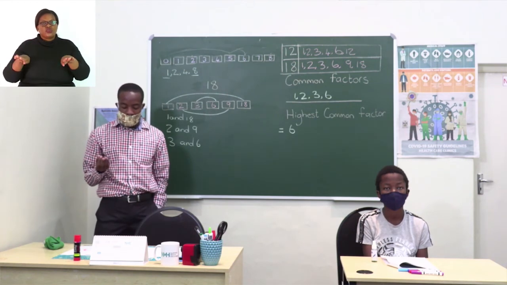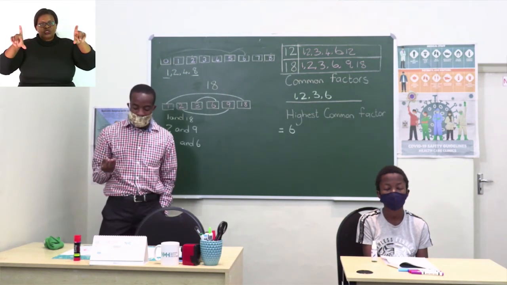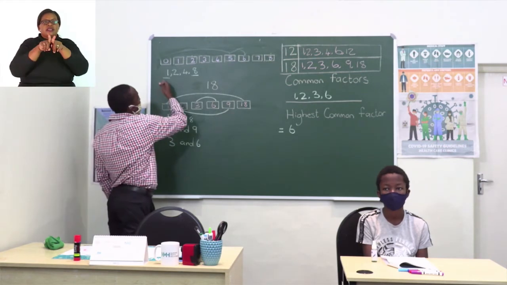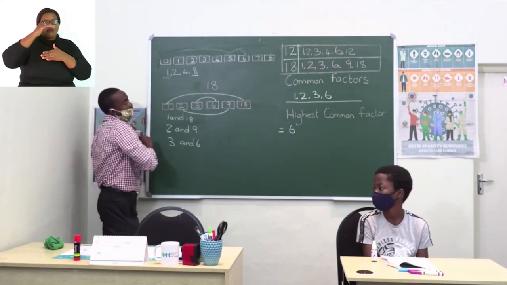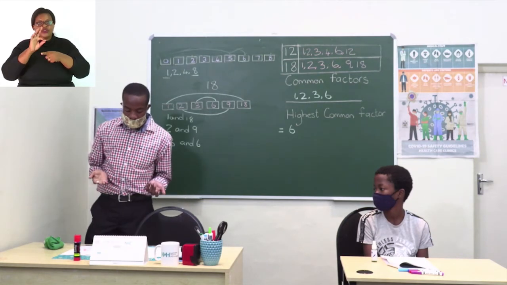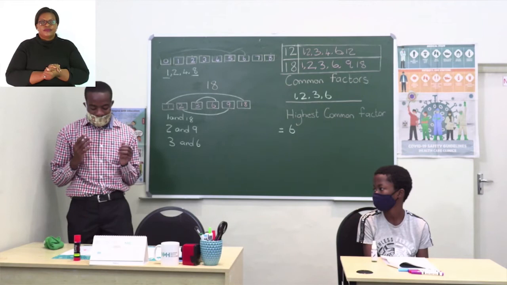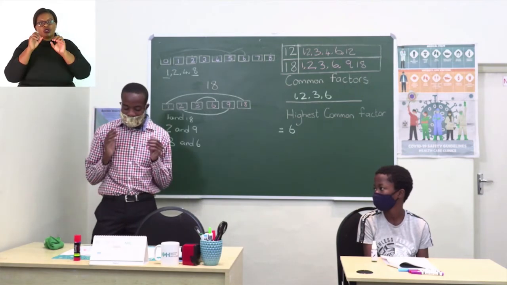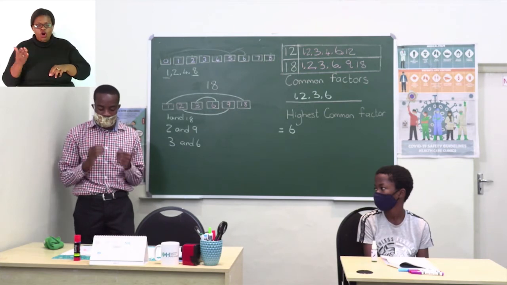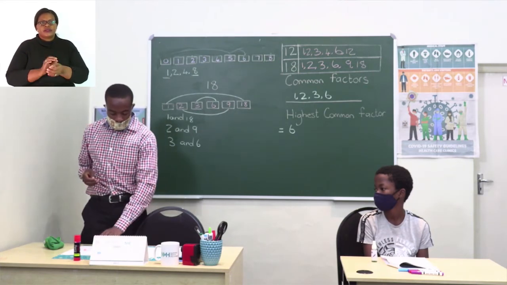Remember we did this also on the chalkboard? Let's look on the chalkboard. It's the same way how we did it here. You basically just list them. Okay? You just list them. Take your time. You don't need to rush. Make sure that you find all the factors. Okay?